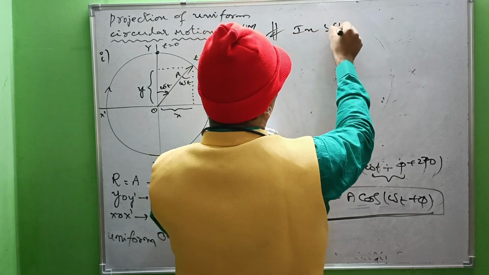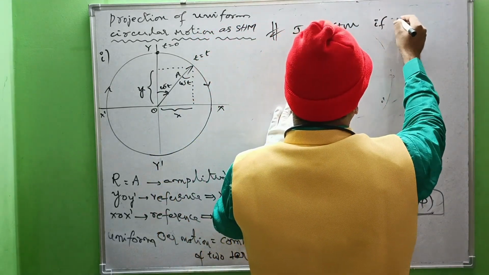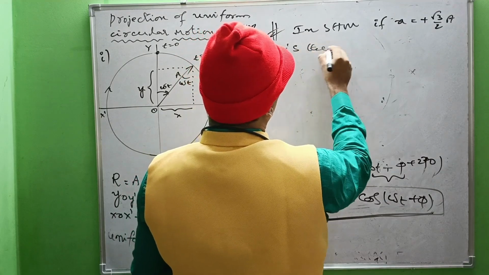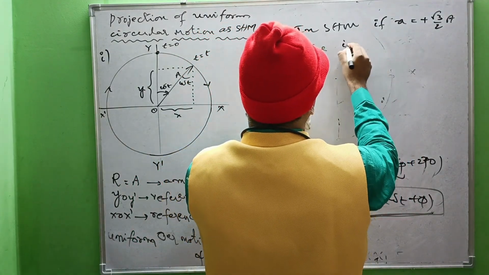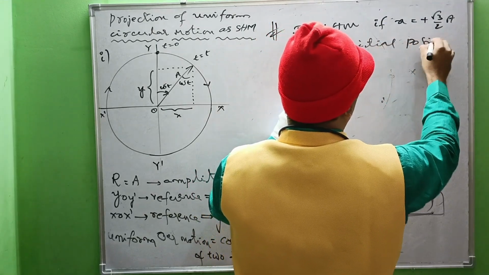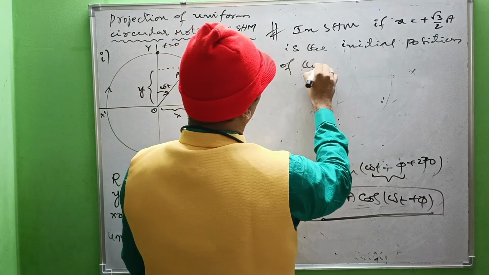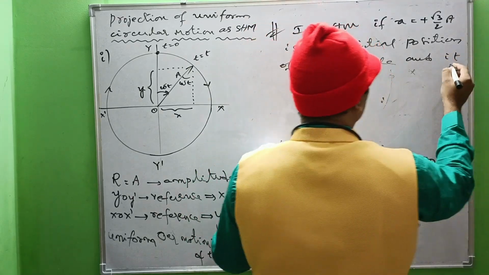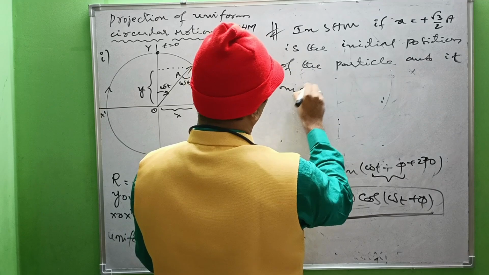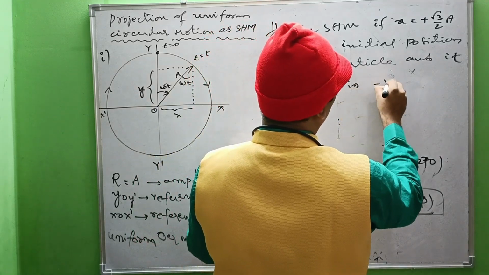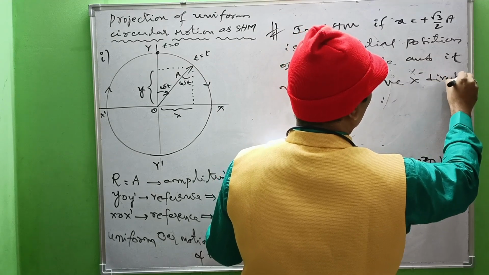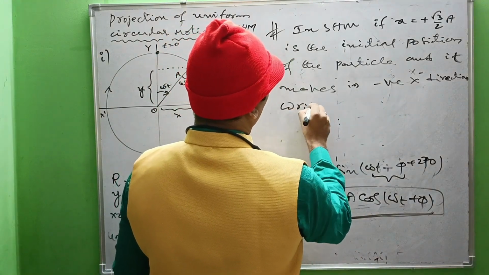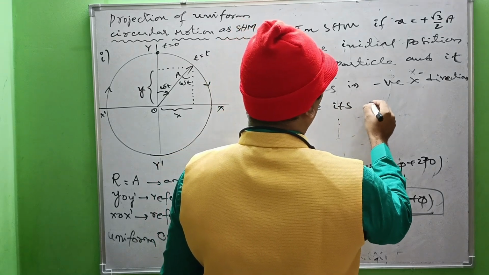In SHM, if x equal to plus root 3 by 2 a is the initial position of the particle, and it moves in the negative x direction, write its simple harmonic equation.